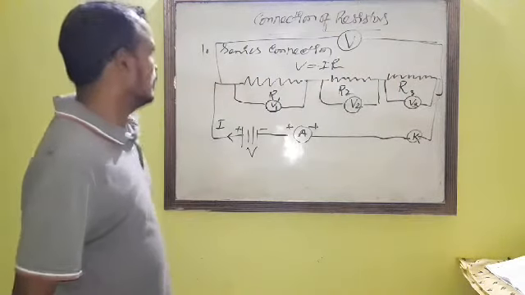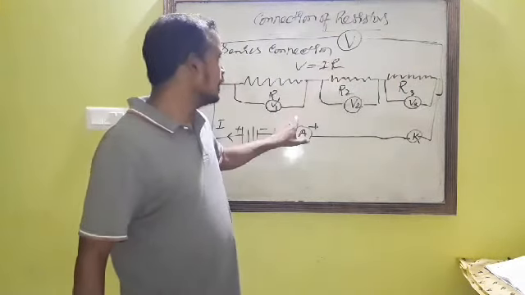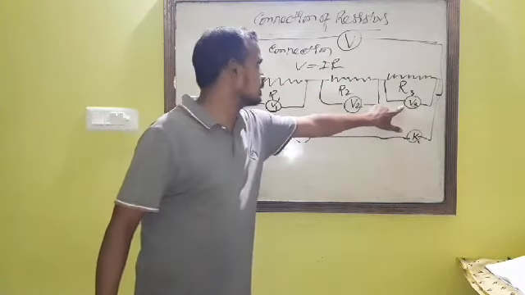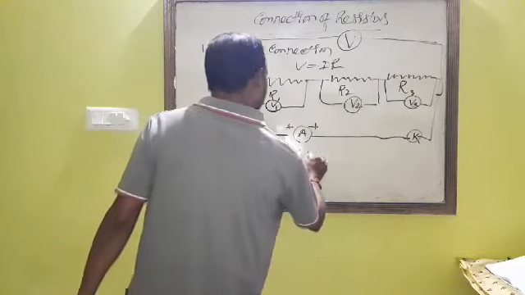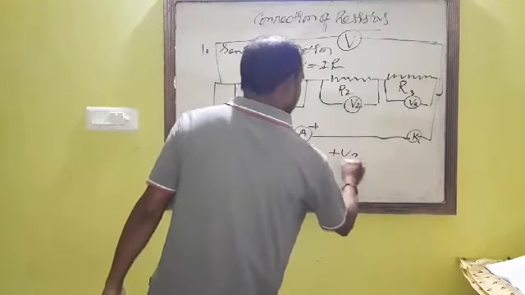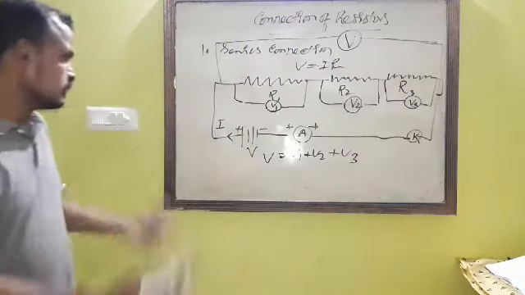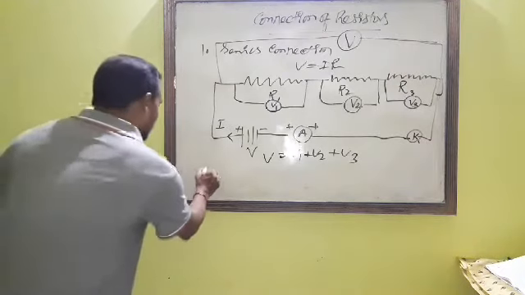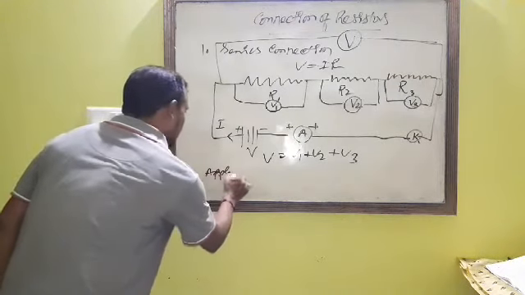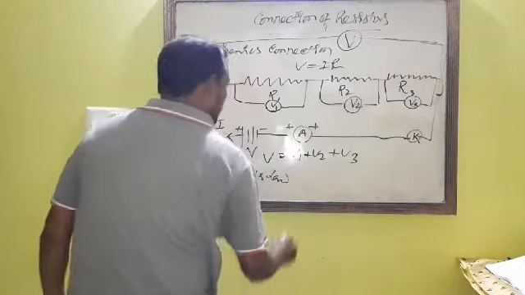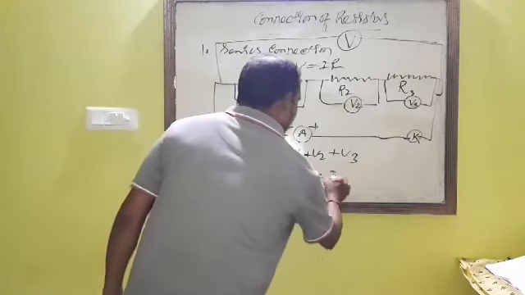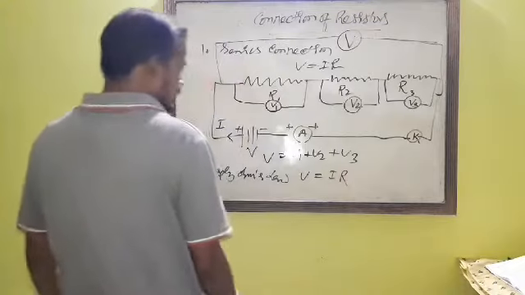So V equal to V1 plus V2 plus V3. Now apply Ohm's law to the circuit. What is Ohm's law? V equal to IR. Got it?